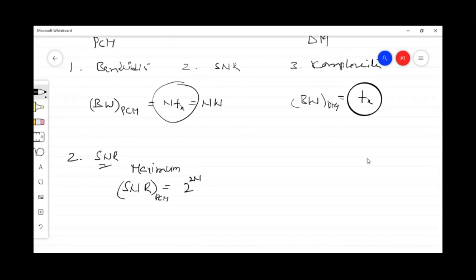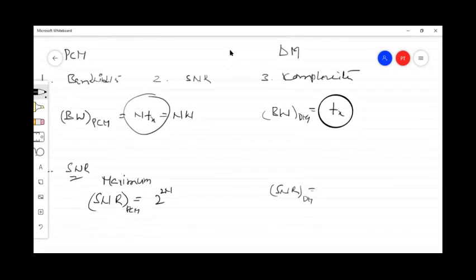Whereas in case of DM, the SNR quantization for DM is equal to how much? Just now we determined it. How much is that?